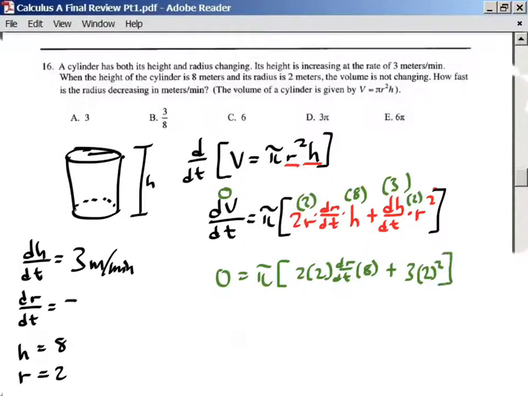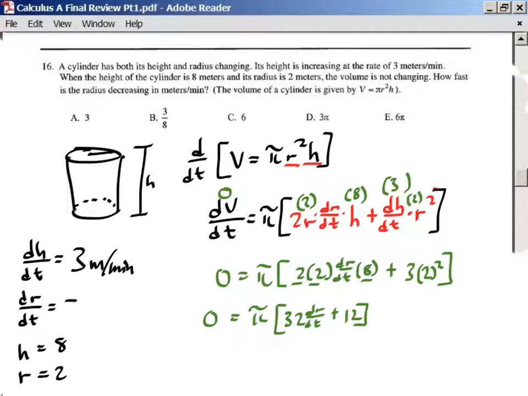Alright, and I can simplify stuff in there. So that's 2 times 2 times 8, which is 32 dr over dt. And then that is going to be 4 times 3, which is 12. That's all going to be multiplied by pi, and then that equals 0.